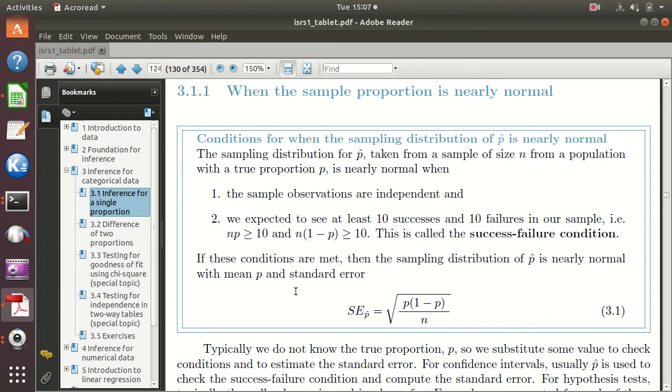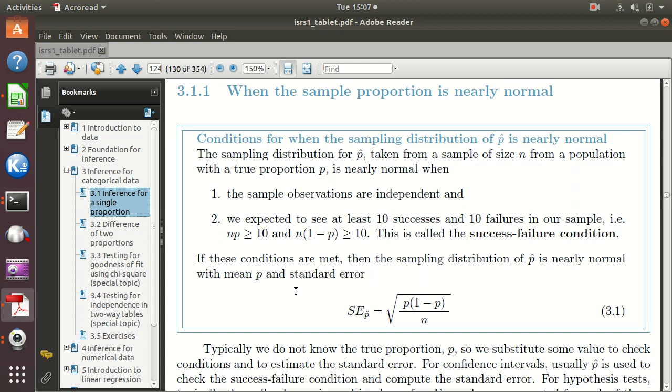Now there's a sort of a weird thing in your textbook. This is right at the beginning of Chapter 3, and it's talking about when we can use the normal distribution to help us with proportion data.